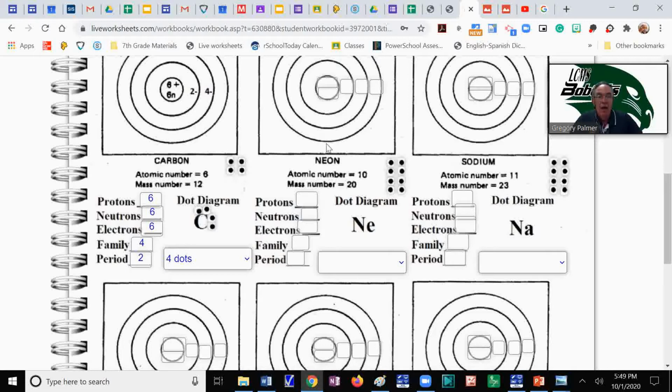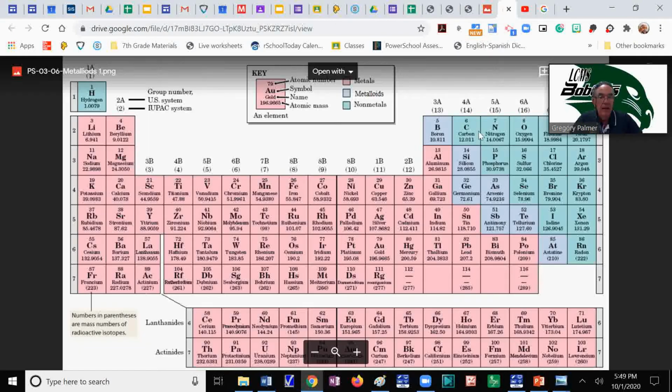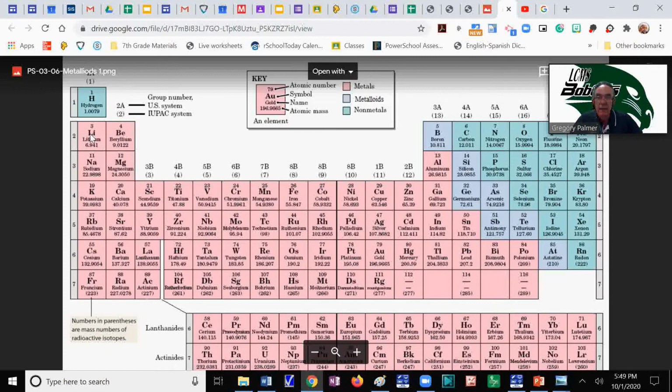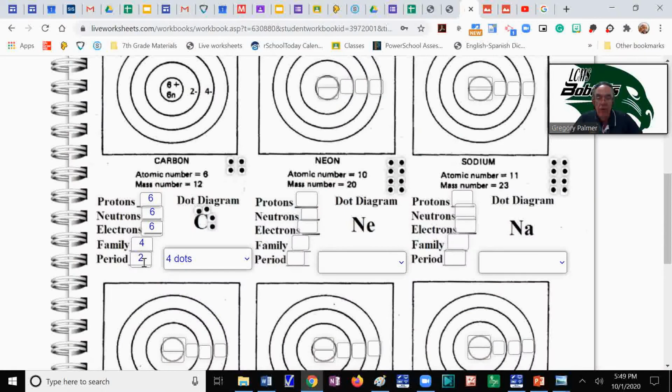Okay. All right. And let's check the periodic table. Okay, we find carbon right here. It's in family 4, and it's on this second period going across. So it's right where we said that it should be in family 4 and in period 2.